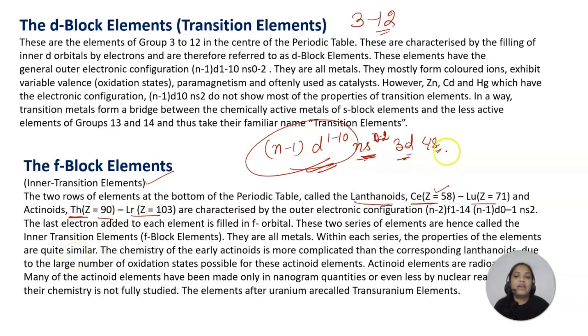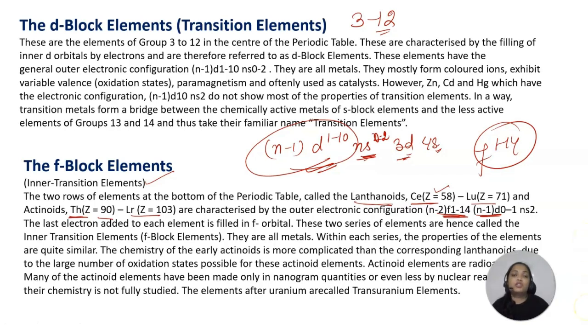Okay, so here F is being filled, right? F1 to 14 is filled: (n-2) f1 to 14, (n-1) d and ns2. So the last electron is getting added to the F orbital. That's why we call them F block elements, and they are called inner transition elements. Their chemistry we will study later.